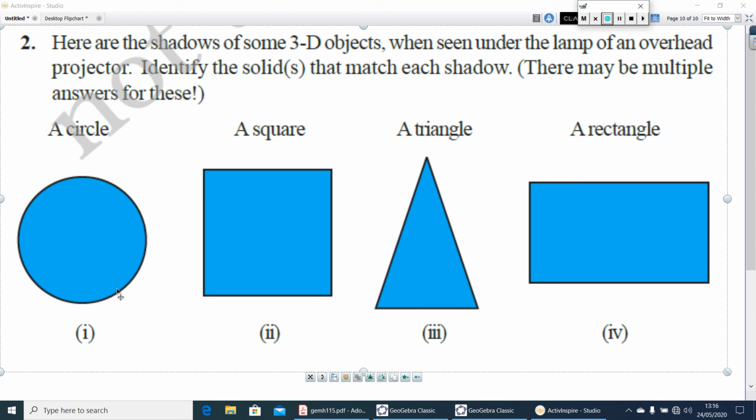It will be a shadow of a sphere. And if you keep a cylinder horizontally, then also you will get a circle. Similarly, a square can be from a cube, or a rectangle if you keep it horizontally. Similarly, for triangle and rectangle, multiple answers you can write.